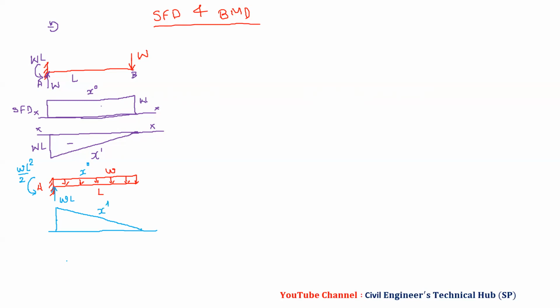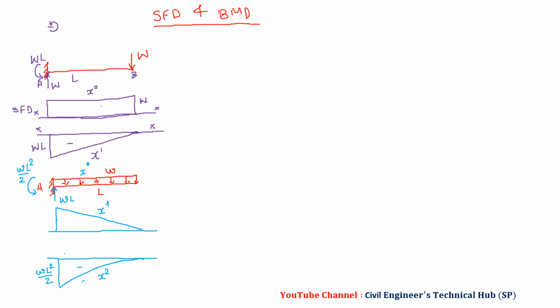And now BMD, we have x to the power 2, and that means a parabola. So we have WL square by 2 over here. And as bending moment increases, slope decreases. So our slope will decrease, and we are in this fashion. So this is WL square by 2, and this is x to the power 2.